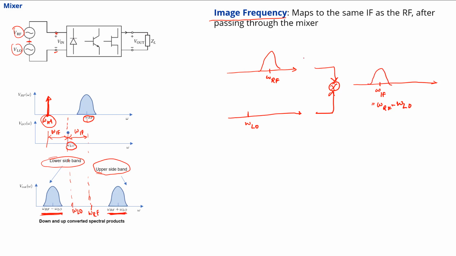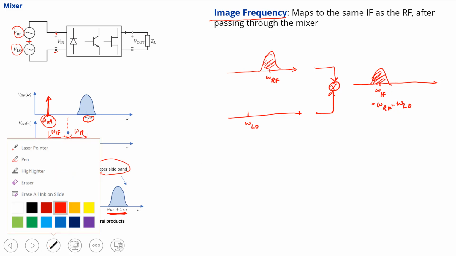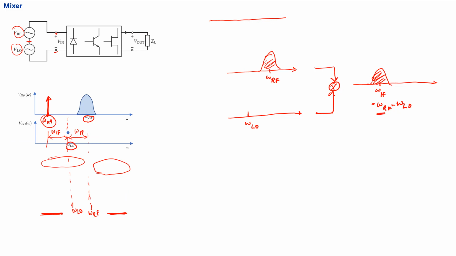Essentially this RF spectrum is nicely captured here at a different frequency. The frequency translation is done for us. But what if we had another frequency component at the input along with the RF? Omega IF is the difference between omega RF minus omega LO. That is going to be the intermediate frequency.